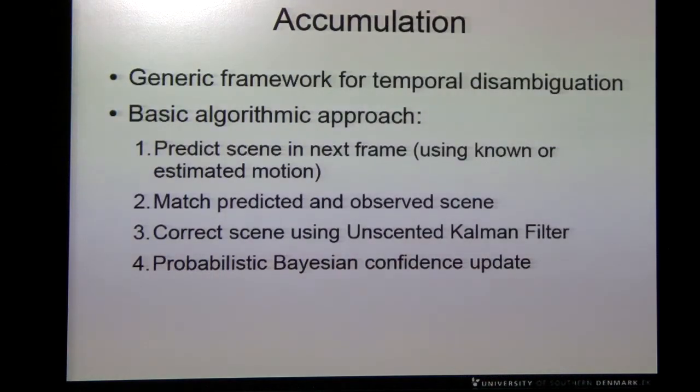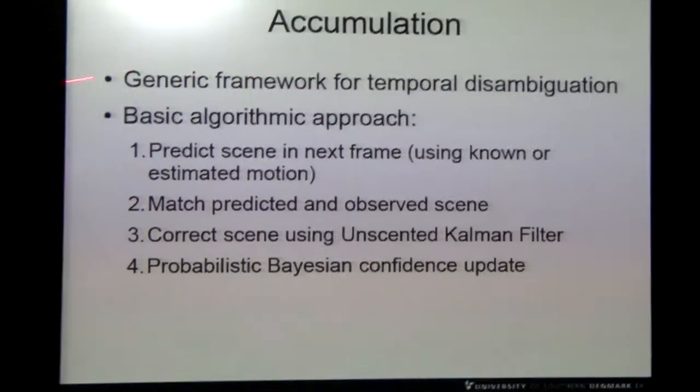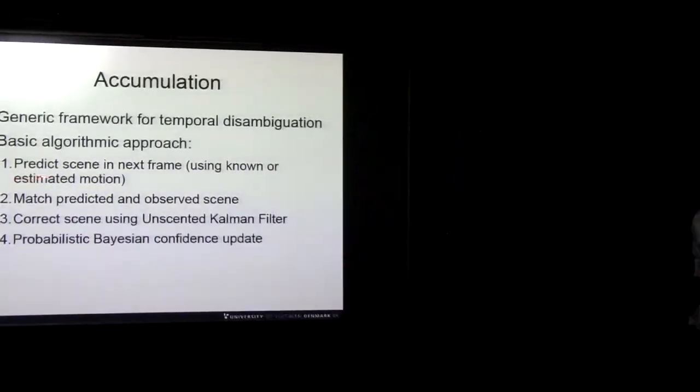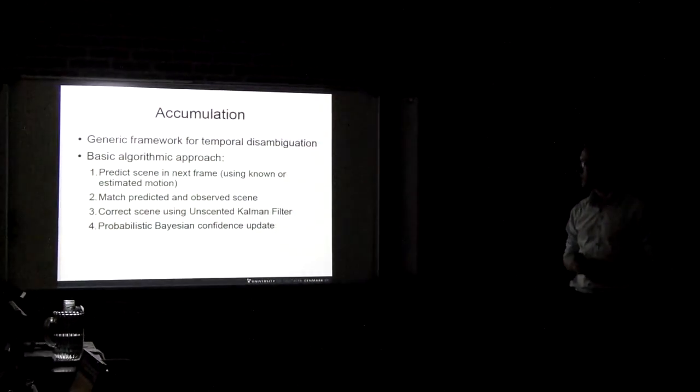The accumulation framework, in short, looking at it as an algorithm, is generic, so we can use all these features if they just implement basic methods. And we use it for temporal disambiguation, meaning we want to remove the outliers and get more robust. The algorithm looks like this. First, we have a prediction step. It's basic Kalman filtering.